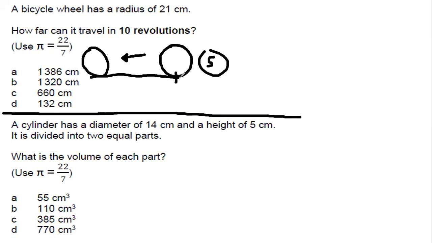One complete turn would reach how far? 5 centimeters. All right, but suppose you spin the bicycle wheel not 1 time, but how many times? 10 times. You'd multiply the distance you travel by 10. You follow?